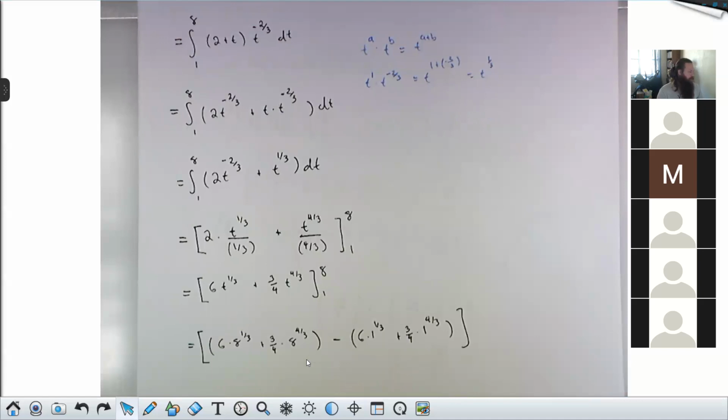What is 8 to the 1/3? 2. Good, yeah, remember 1/3 is the cube root. And 8 is 2 cubed.